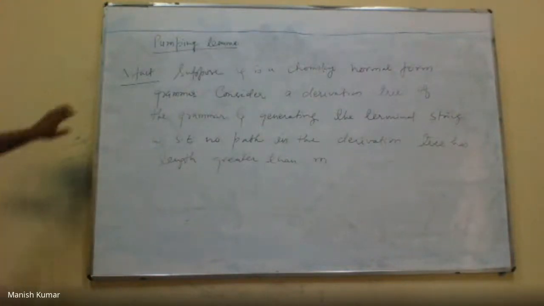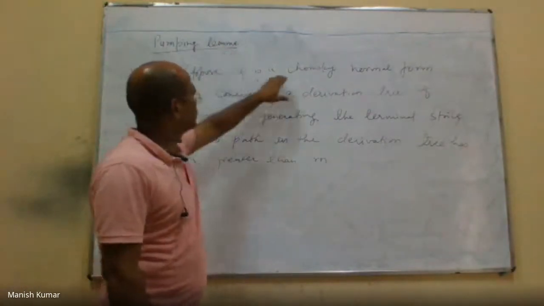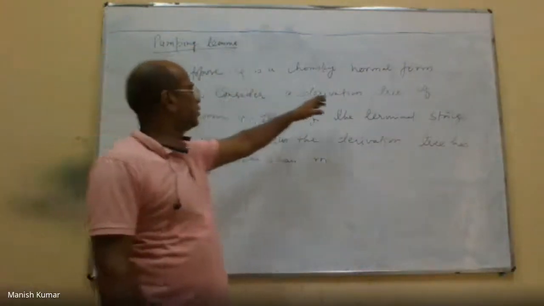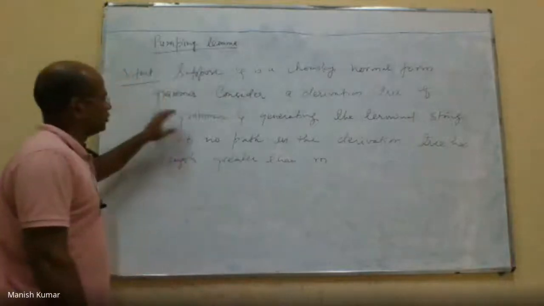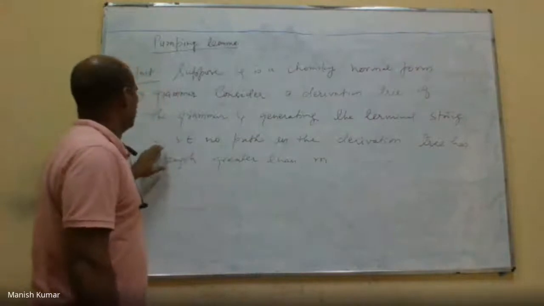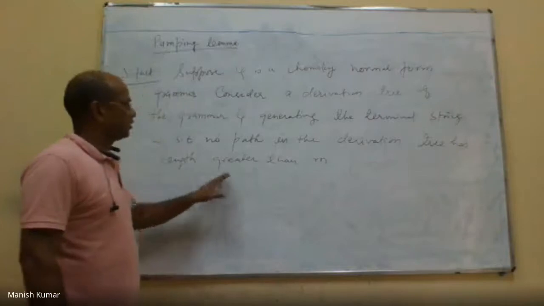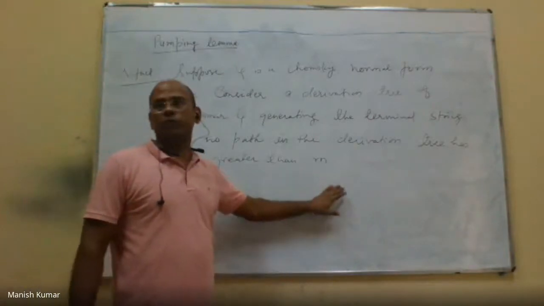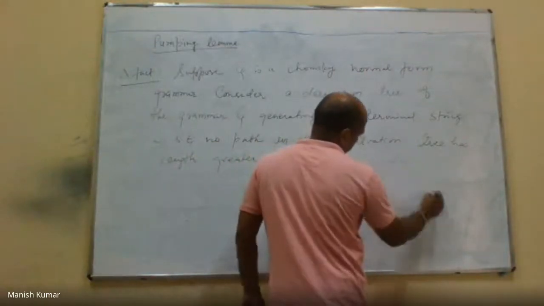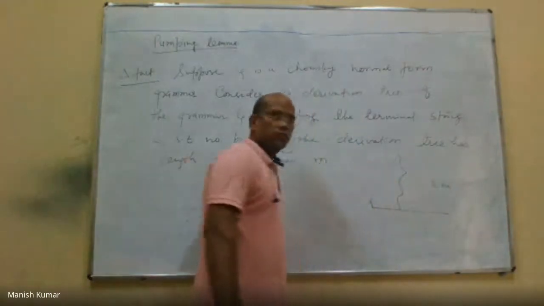So the fact says that suppose G, a grammar of a CFL, is a Chomsky normal form grammar. Consider a derivation tree of the grammar G generating terminal string small w, such that no path in the derivation tree has length greater than m. That means, say this is your derivation tree, and its path length is less than or equal to m.